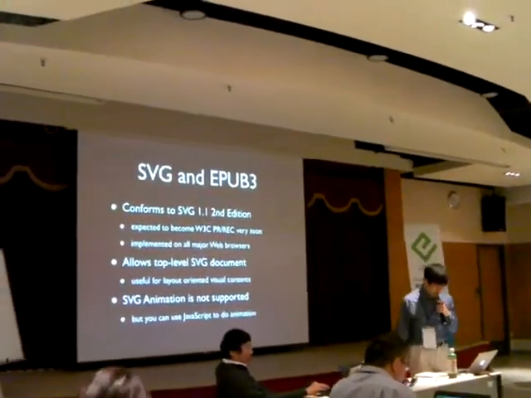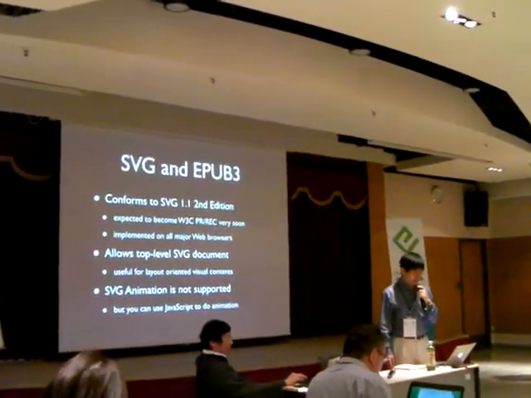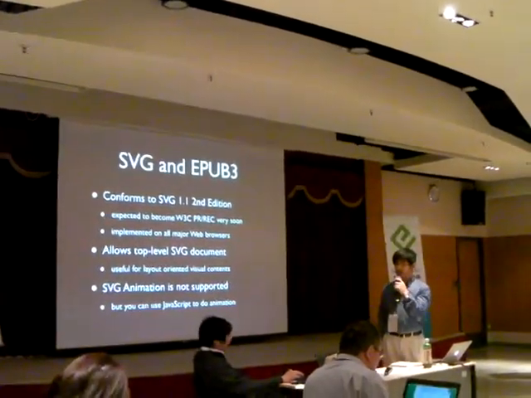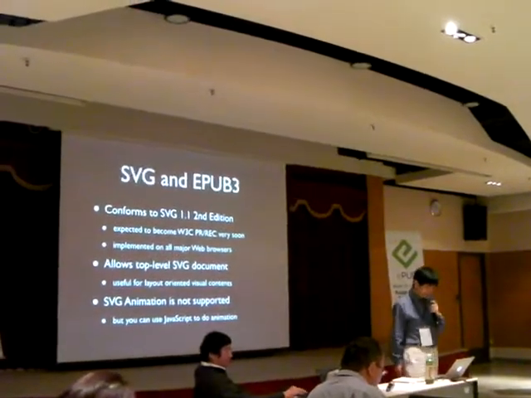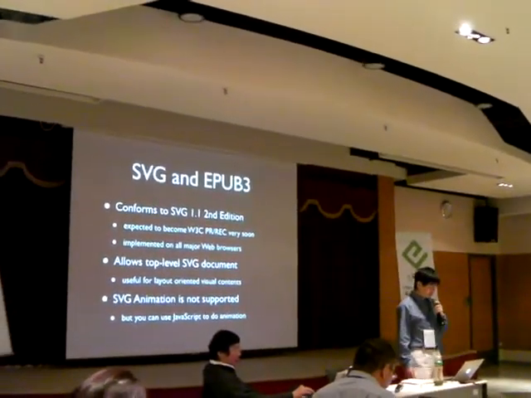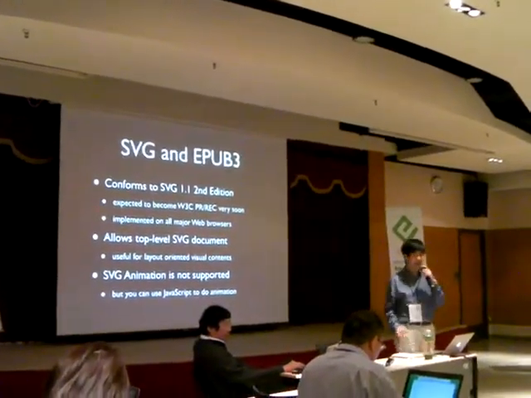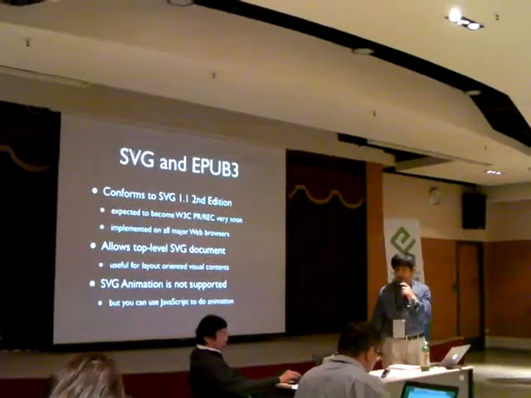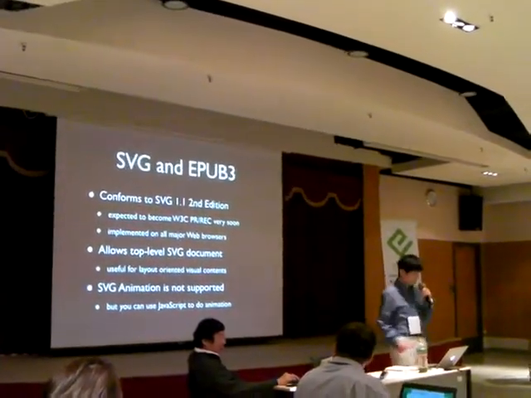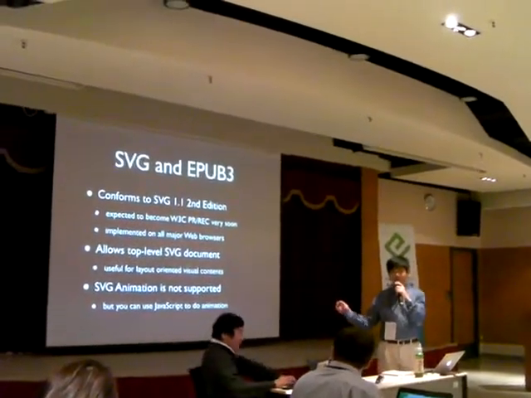We believe this will be well before EPUB 3 finalization. Also, this specification is supported by many browser vendors, and many of them actually support this specification, not the latest version of SVG.